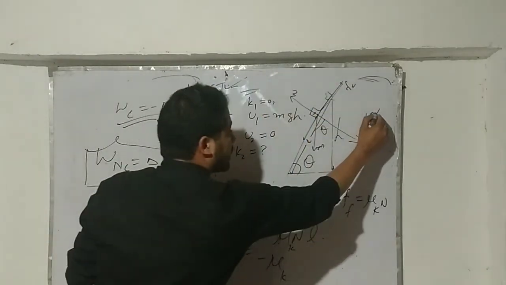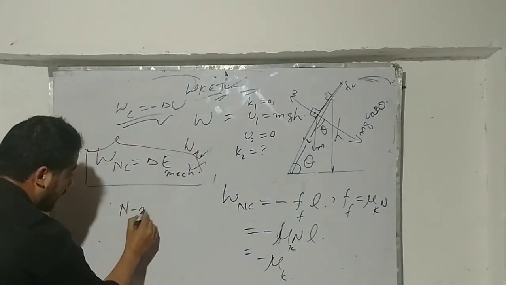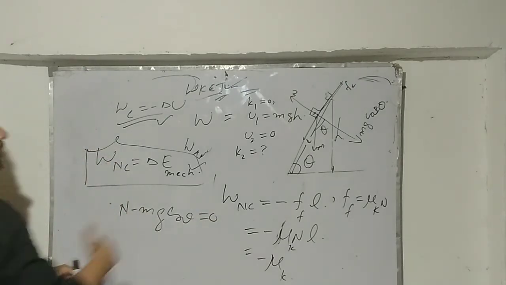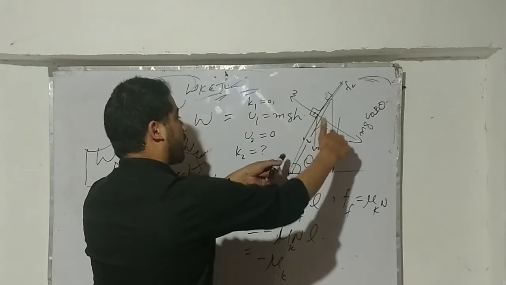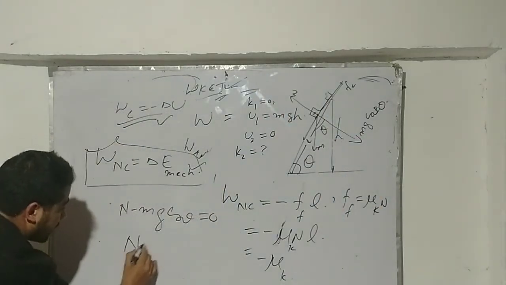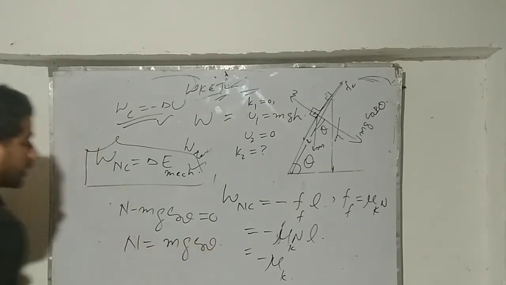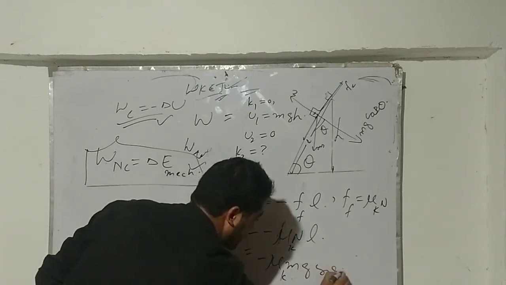So N minus mg cos theta must be 0, because the net force along this direction is 0, since the block does not move along this way. By this, I get the value of the normal reaction: N equals mg cos theta. If I put it here, it will be mu k mg cos theta L.